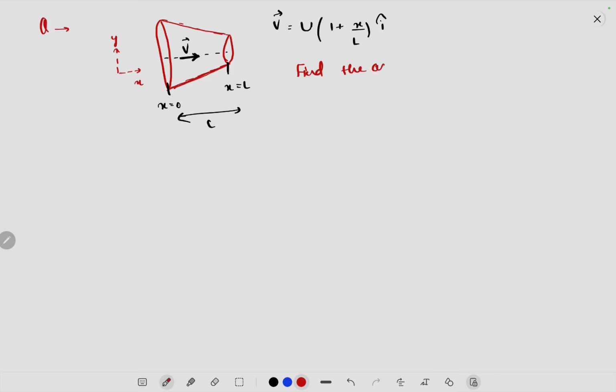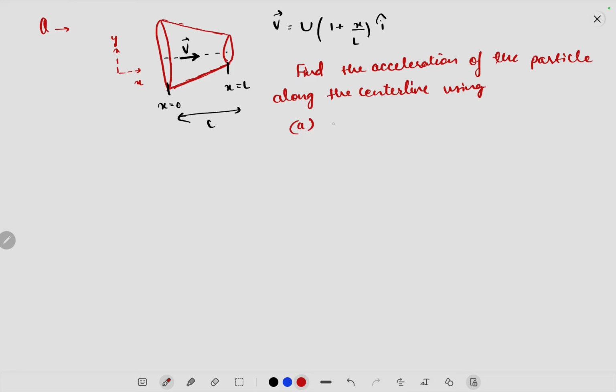find the acceleration of the particle along this center line, (a) using an Eulerian approach, (b) using a Lagrangian approach.